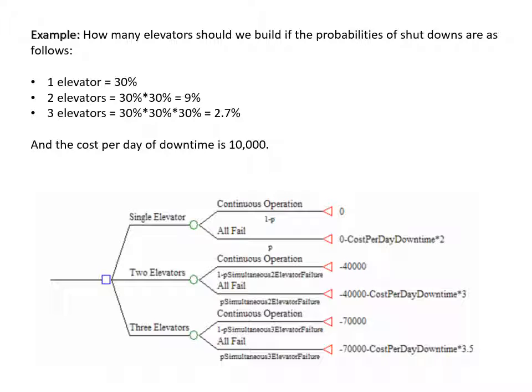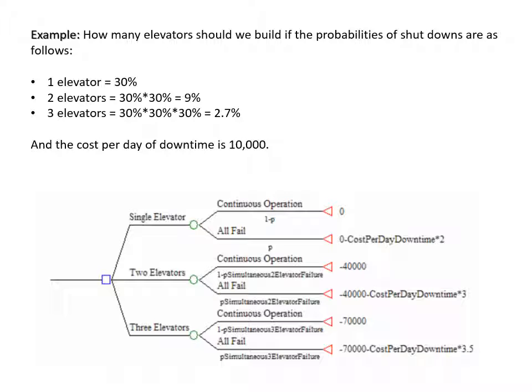And in that case, the consequence would be minus 40,000, which is the cost of building an extra elevator, minus the cost per day of downtime times 3. And there's no significance in this case associated with the times 2, times 3, times 3.5. That's just part of how we set the problem up.